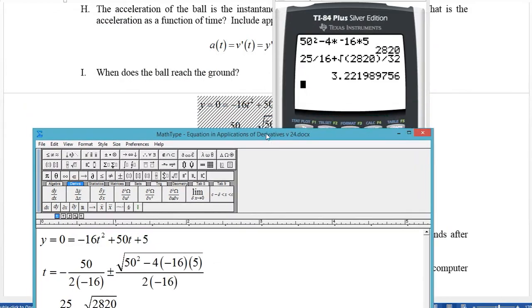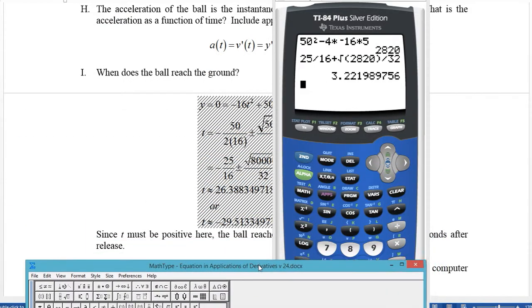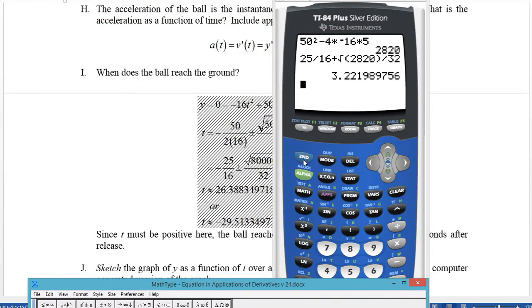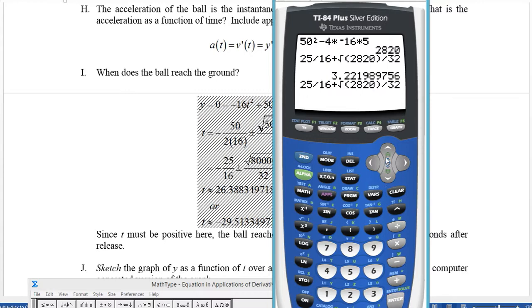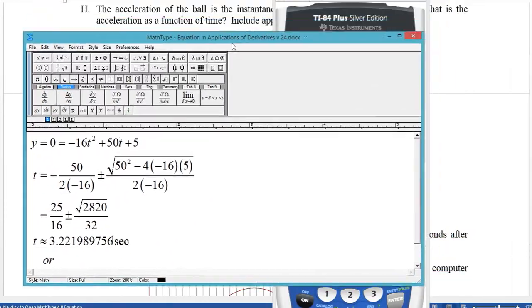And okay, and then we can take this and do second enter and change this to negative, to subtraction, I mean, here. Get the other possibility, which is going to be no good because it's negative.